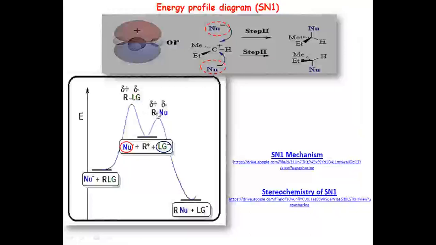We have seen two transition states. The second transition state is the partial bond formation of the nucleophile with the carbocation. In between those two transition states, we have an intermediate, that is the carbocation intermediate, R plus. These are your reactants, these are your products. You can see the energy of reactants is greater as compared to the energy of product.